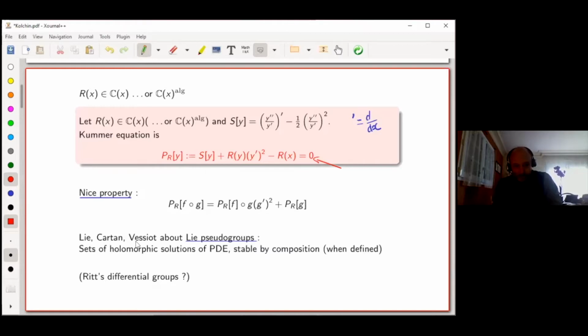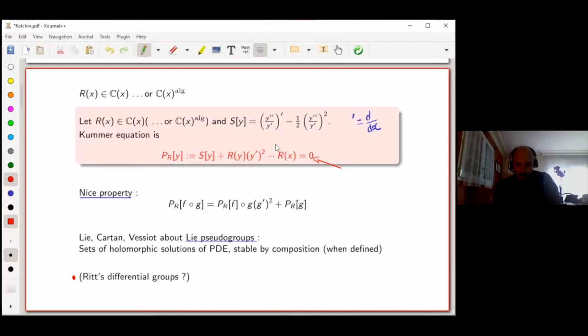You may think of this also, but I have no big reference for that, as Ritt's differential groups. As you know, Ritt has his own definition of what a differential group is, which is a kind of formal group defined by a differential equation.